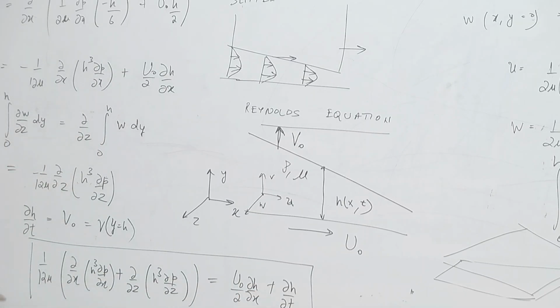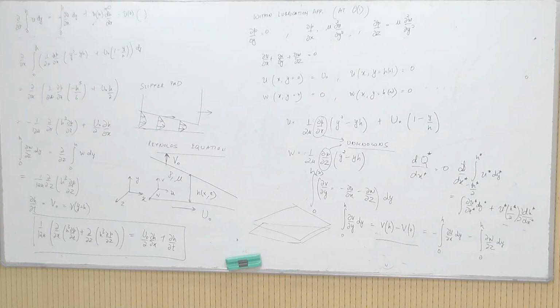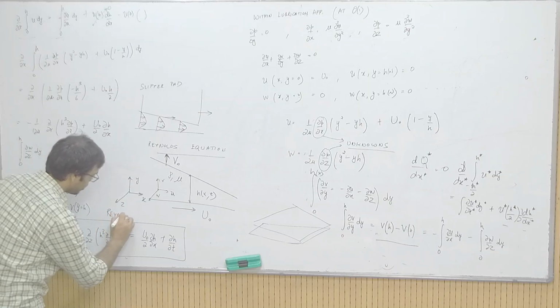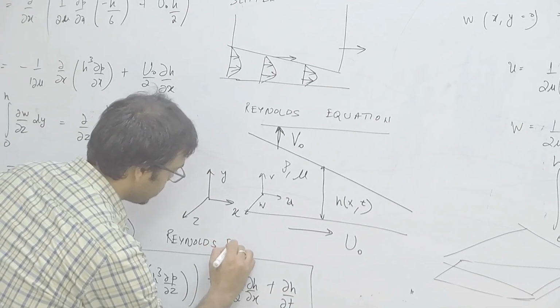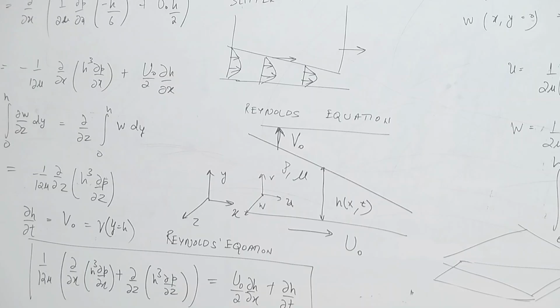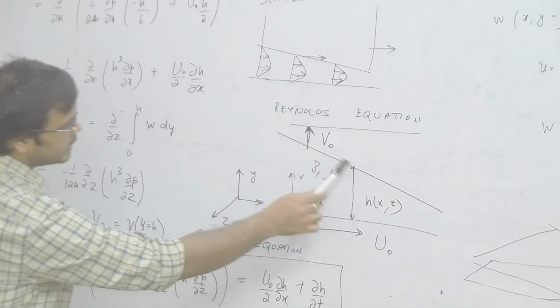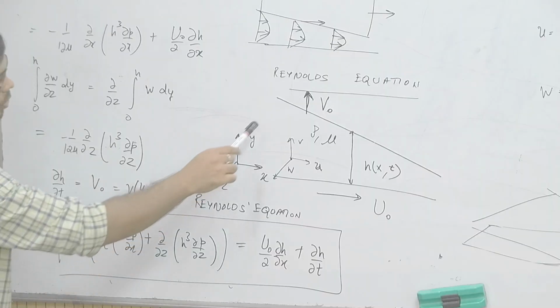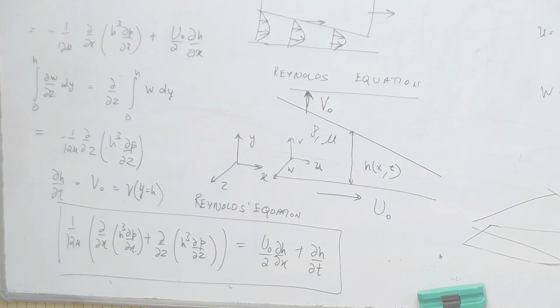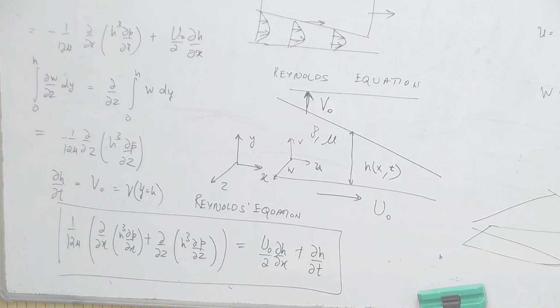And this is your Reynolds equation. In many textbooks you will see this is your Reynolds equation for pressure inside this kind of a flow, or flow caused by this kind of a variation in the wall velocities and within the lubrication approximation.